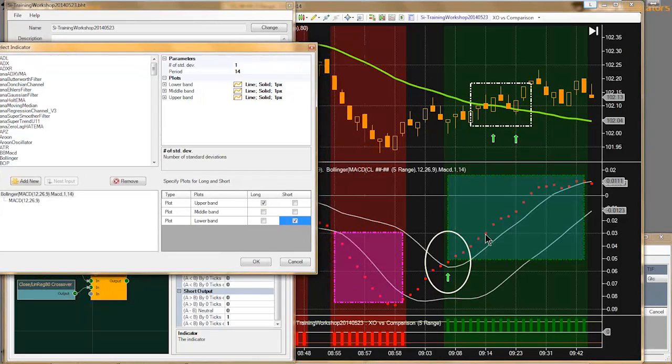So that's how we were able to get this unique kind of look here. Right? So I hope that makes sense to you guys, how that's working.